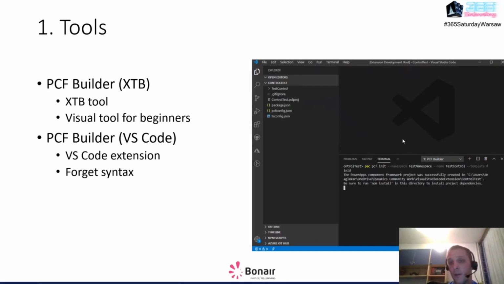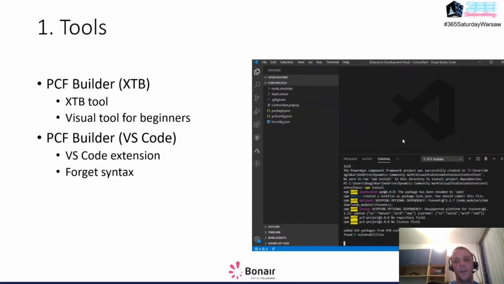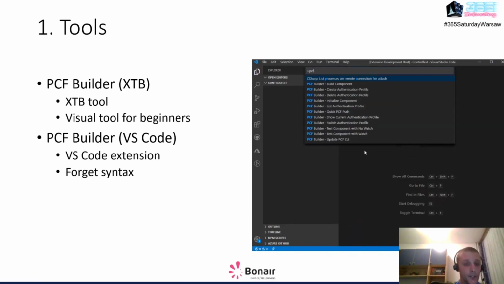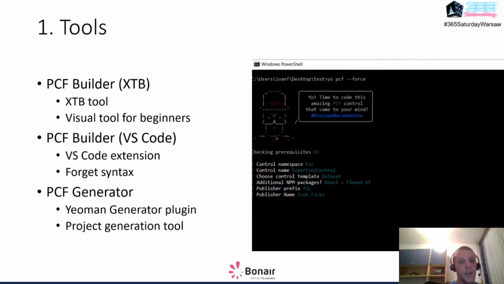Visual Studio Code will pop up some prompts, you answer the questions there, and boom, you have the command executed and you don't need to know the syntax. Right now, it has some more features like IntelliSense and snippets for PCF development. That's really cool.